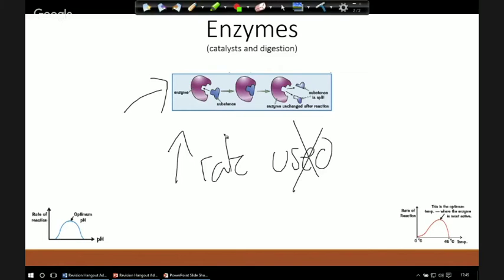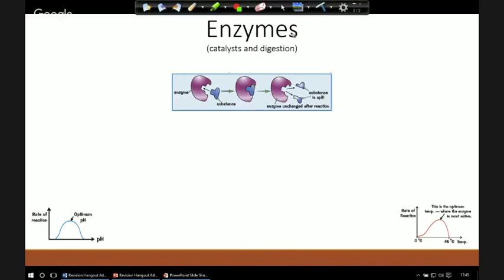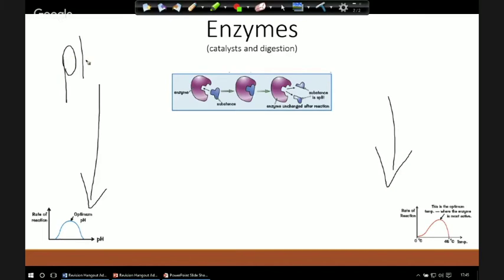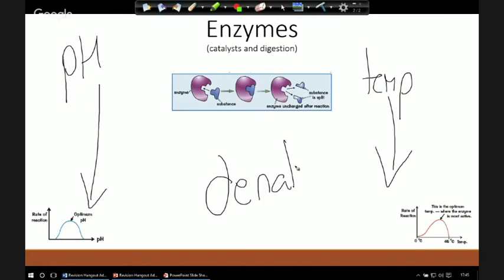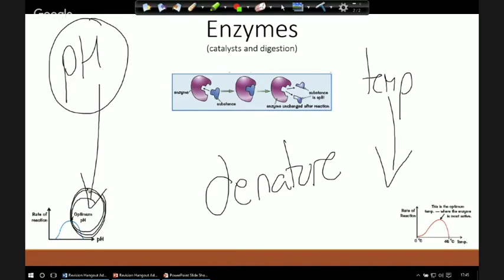So they speed up our reactions, but they are relatively delicate. They can be massively affected by both the pH that they're found within and the temperature. We use this word denature. And so with our pH, there's always an optimum pH for a particular enzyme. And that's the same with temperature. There's an optimum temperature.